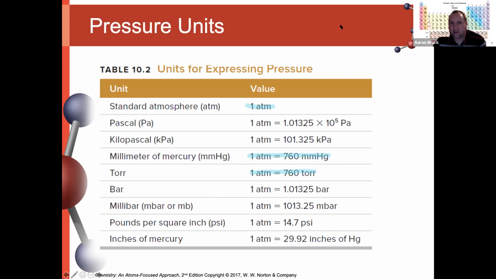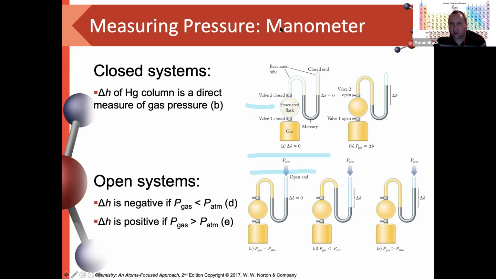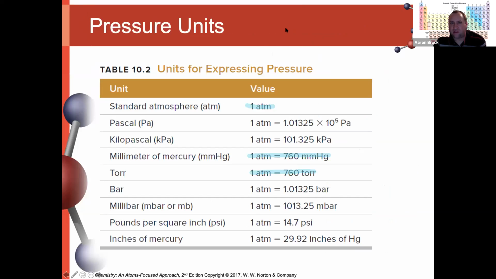In the United States in particular, we do see units of PSI and inches of mercury. PSI is most commonly used for things like tire pressures, gauge pressures.